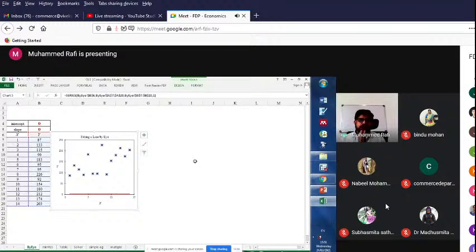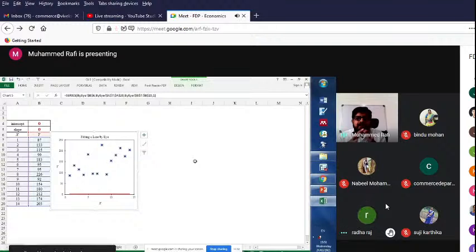Now, our intention is to draw a line which is exactly passing through the middle of the scatter plot, so that y cap, the estimated value, will represent the whole set of actual data points. So the ordinary least square method is trying to fit a line which is exactly passing through the middle.